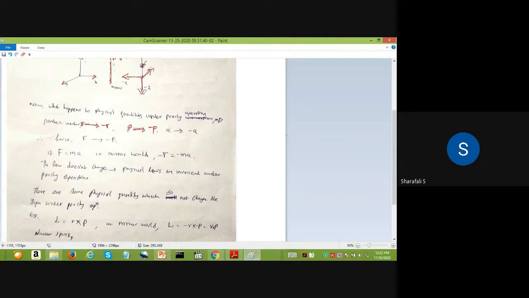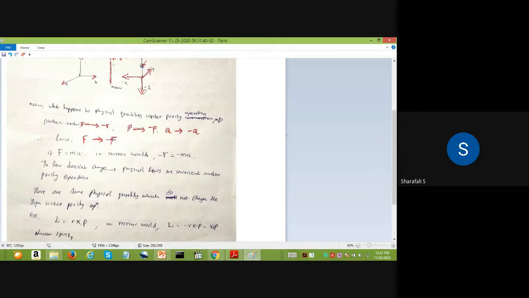If you consider acceleration also, it is dependent on those coordinate systems, so that will change to minus A. Force will also change. Of course, it is dependent on acceleration. This is F equal to MA, M is constant, so that will result in minus F. Okay.